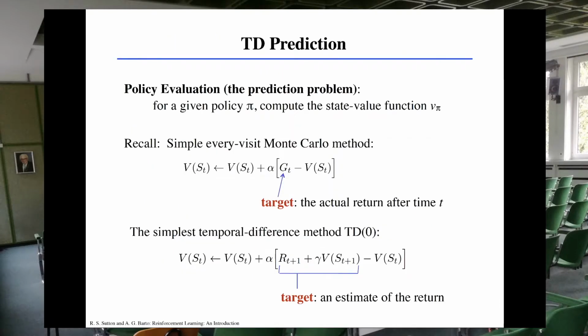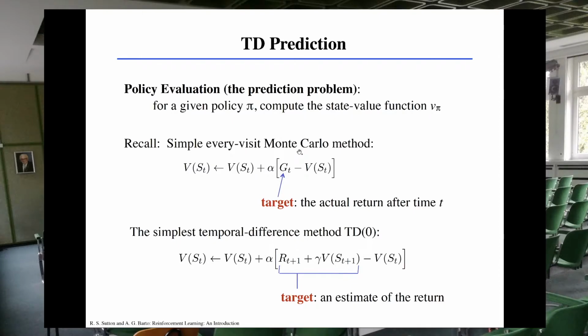So this is a comparison between the learning rules of Monte Carlo methods up here and temporal difference methods down here. If you notice, the main measure of error in Monte Carlo is the difference between the final return, remember that the final return is the sum of rewards, and the current estimate of the value of a specific state at time step t.